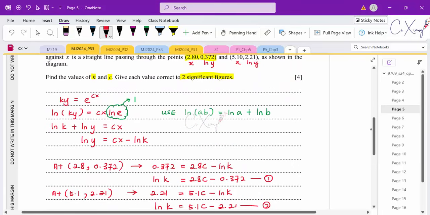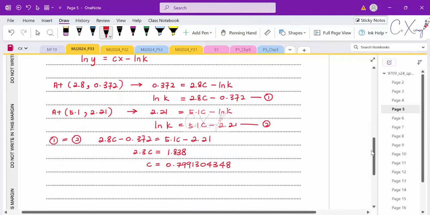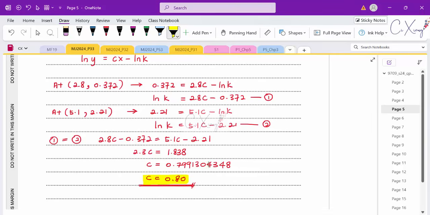They requested two significant figures. So the answer for c should be 0.80, two significant figures, am I right? Okay, but I need to keep the long value of c so that I can substitute this whole thing into my equation to get k.